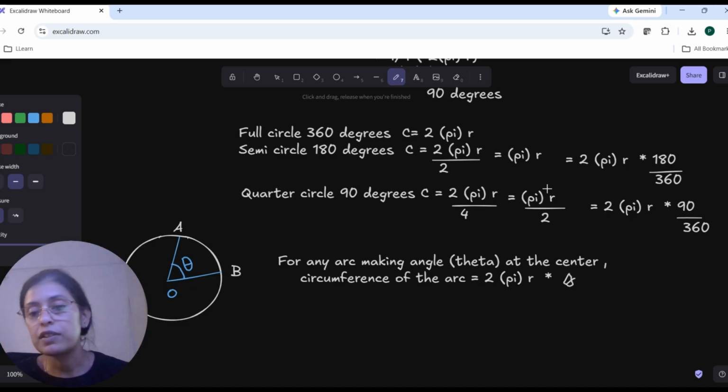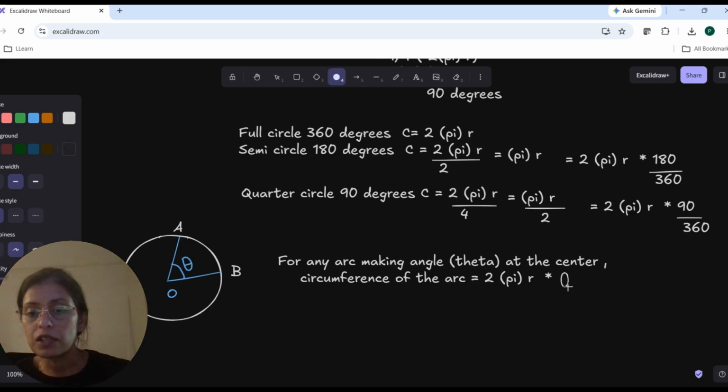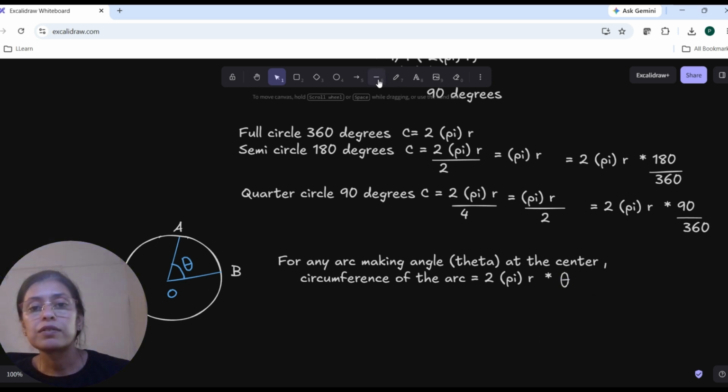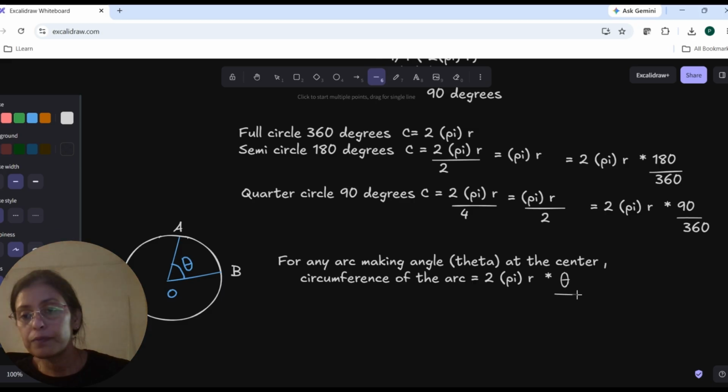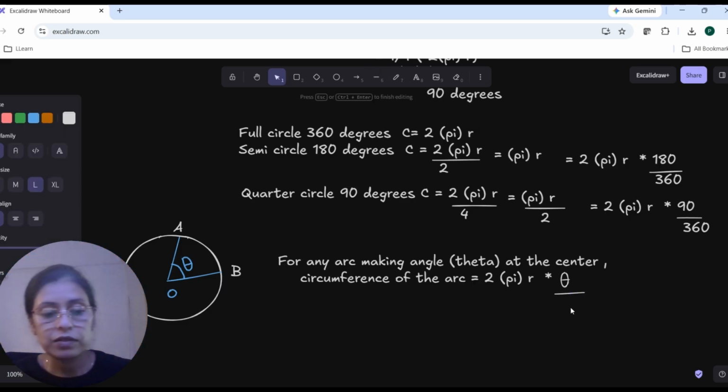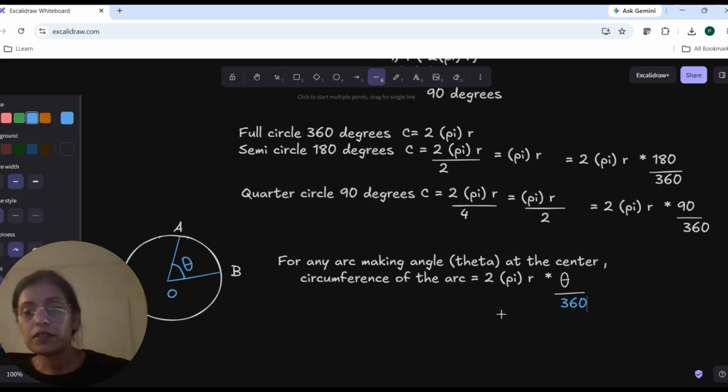This is the angle theta. I think it was better if I just wrote the word theta, because the way I drew it was really pathetic. Yeah, so this is better. Okay, and upon 360. So this is the formula for calculating the circumference of the arc.